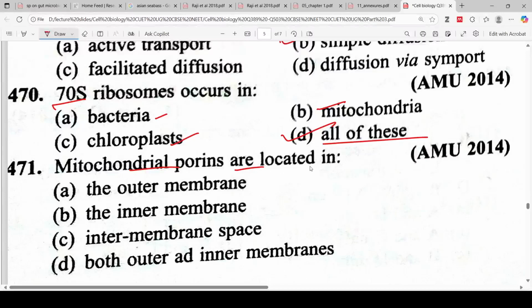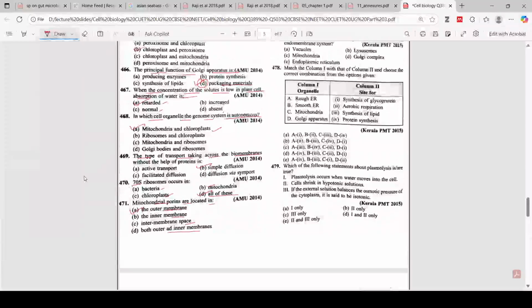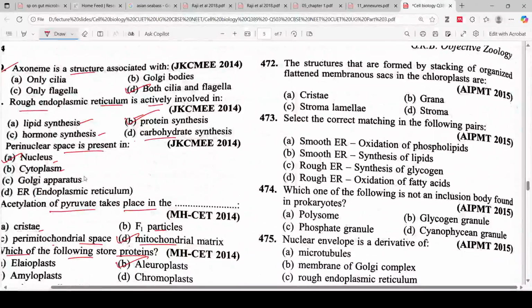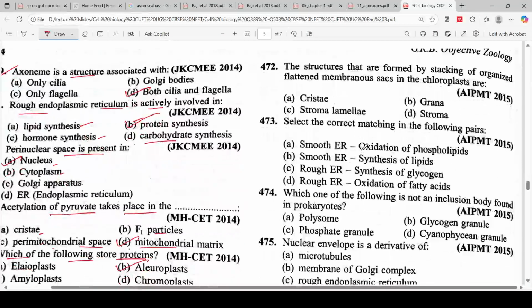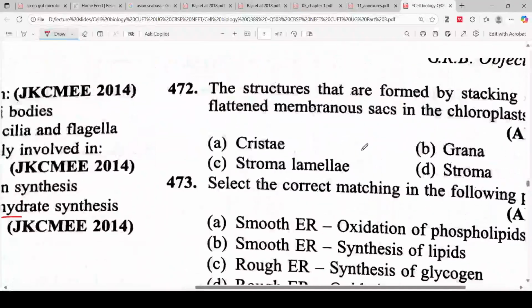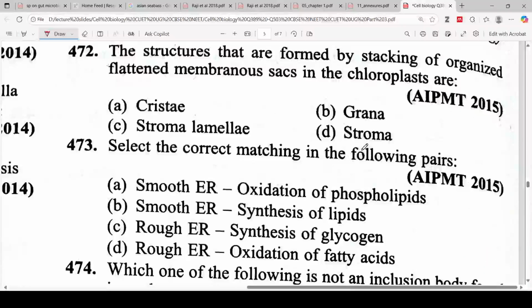Mitochondrial porins are located in outer membrane, inner membrane, intermembrane space, and both outer and inner membrane. So the correct answer will be option A. Question 472.